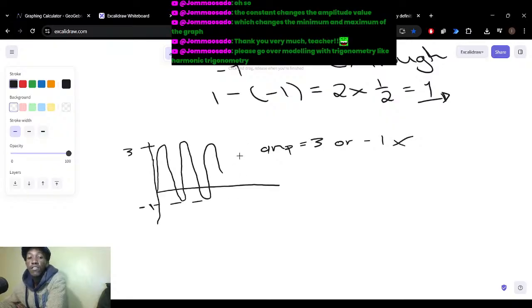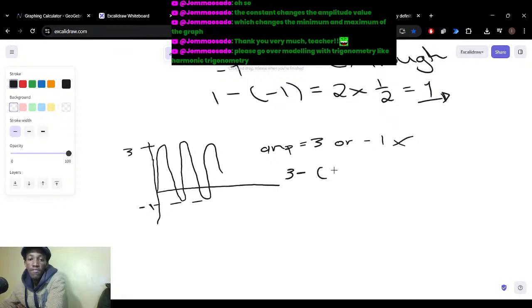Rather, how do we calculate the amplitude? You first calculate the distance between the highest point and the minimum point. So the highest point here is 3, and the minimum point is -1.